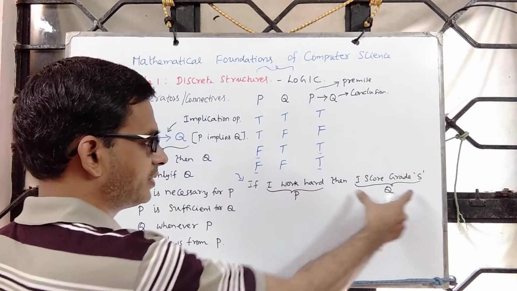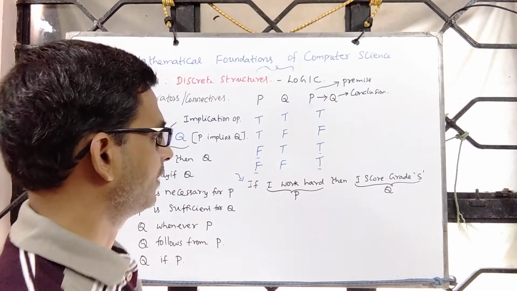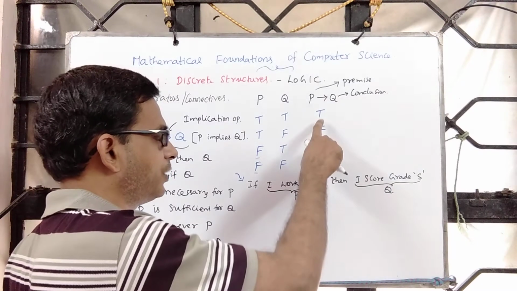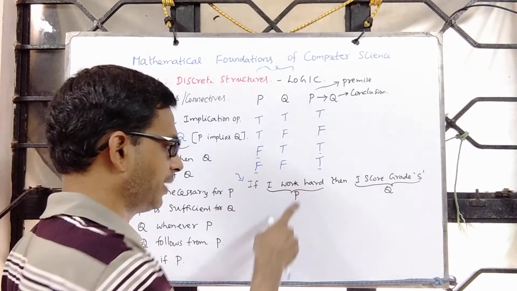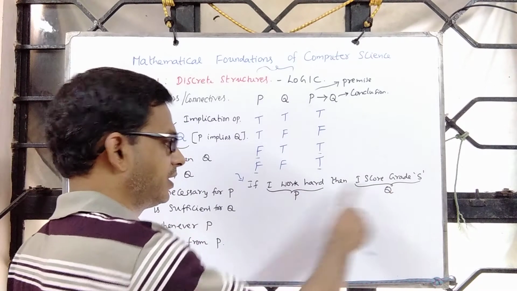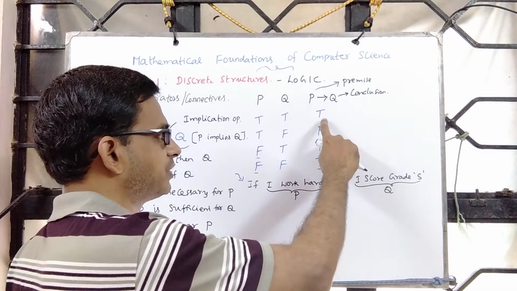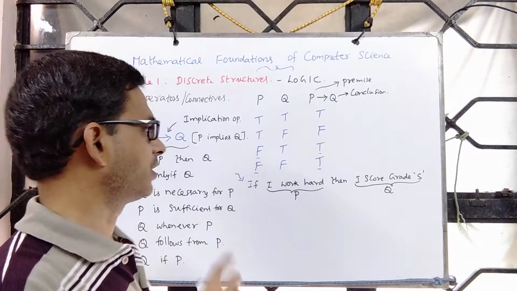If this is true and this is true, then the statement is respected, which means the truth value associated with the statement is true. I work hard and I scored S. Then the statement is true, which is why P implies Q is true when both are true.